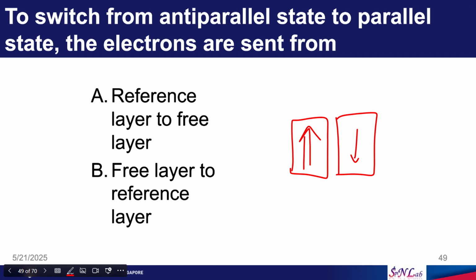To switch from anti-parallel to parallel, we are sending electrons this way. So, they get spin polarized. So, the spin up electrons come to the other side and switch the magnetization. So, the electrons are sent from the reference layer to the free layer. So, this is the correct answer.